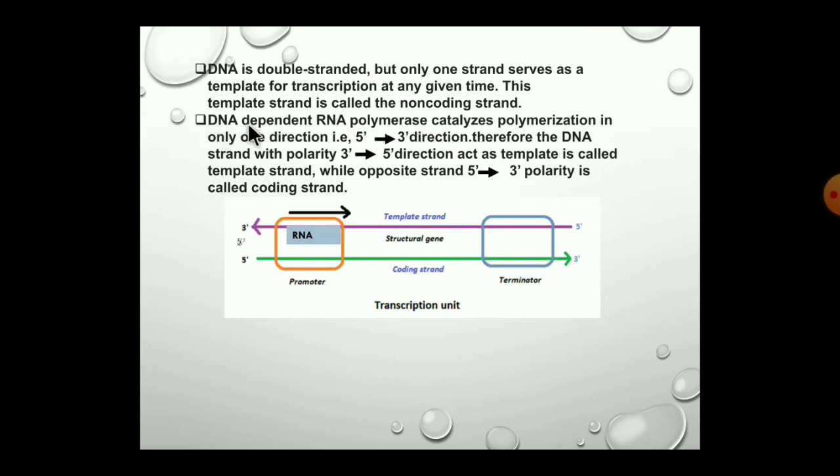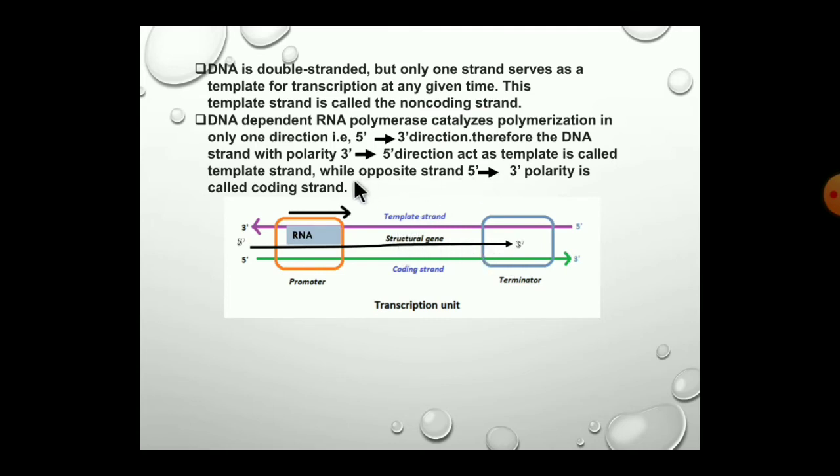So the DNA dependent RNA polymerase enzyme catalyzes polymerization in only one direction, that is 5 prime to 3 prime direction. So the synthesis of RNA takes place in the 5 prime to 3 prime direction on the template strand.